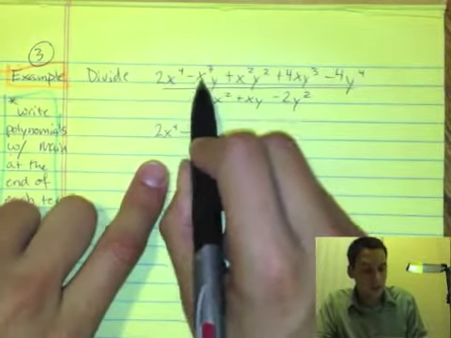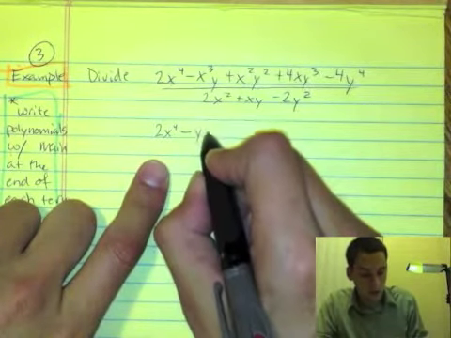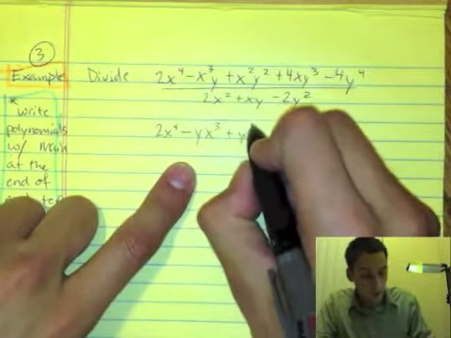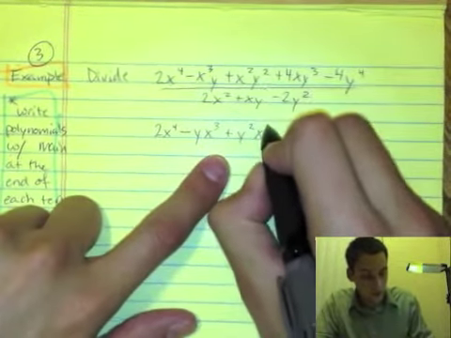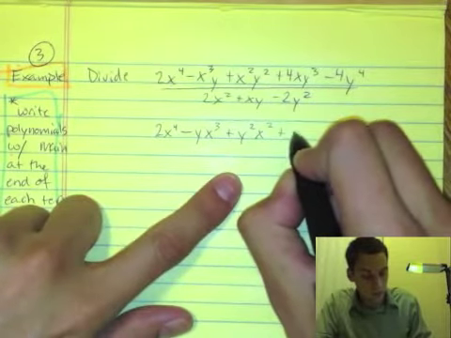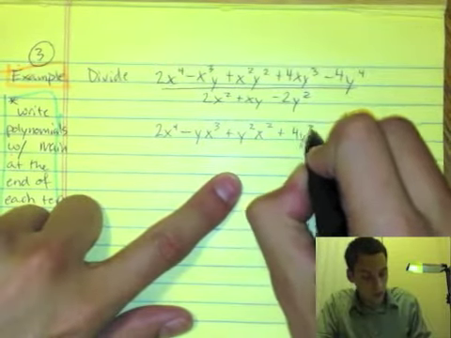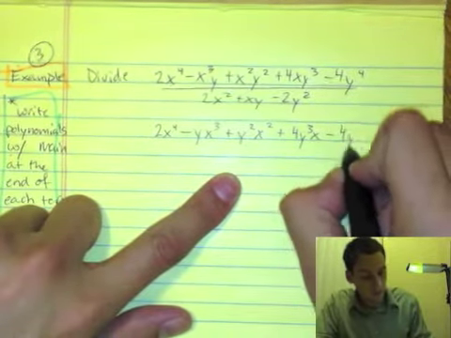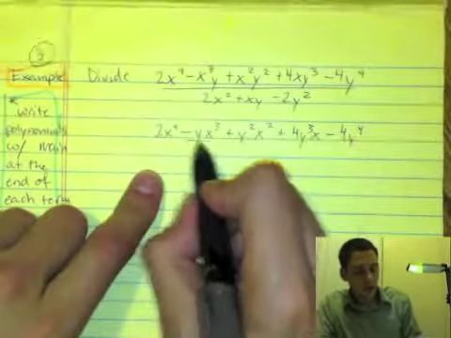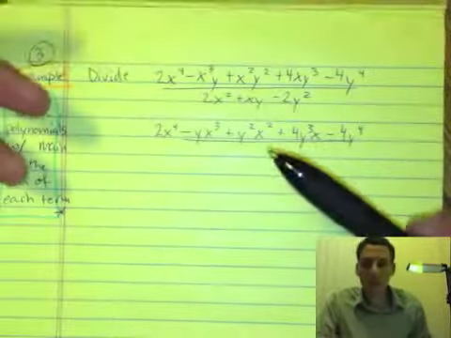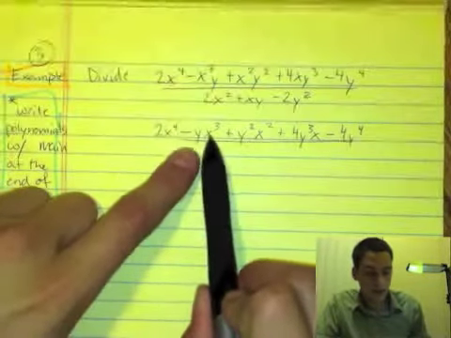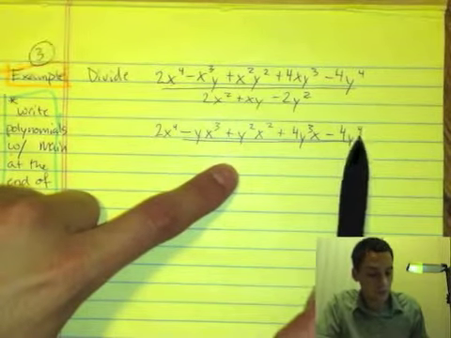My x term here is in front, so I'm going to say minus y times x cubed plus y squared, I'm switching these, times x squared plus 4y cubed x minus 4y to the 4th. It also helps me to see that it is in descending order because the x terms are last, and I can just look at the end of each term.